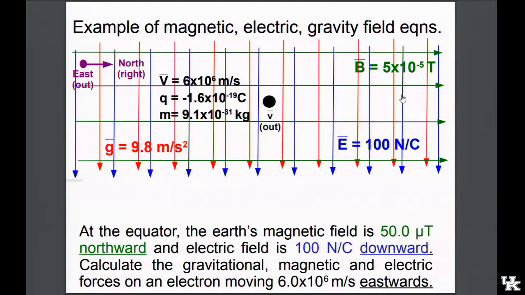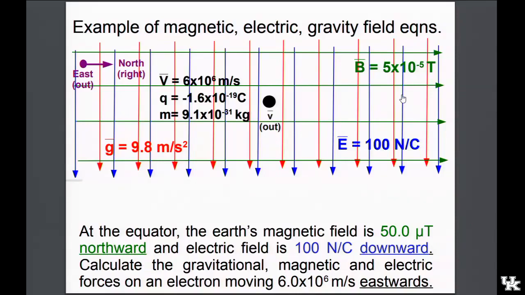This is the coordinate system that I used when I drew these patterns of field lines. The magnetic field is towards the north, so in green are the magnetic field lines. The electric field is downwards, so in blue are the electric field lines.